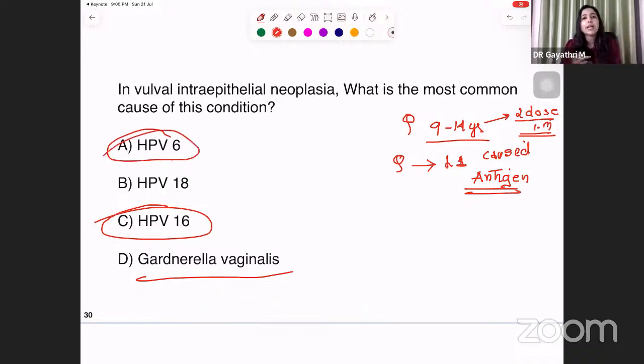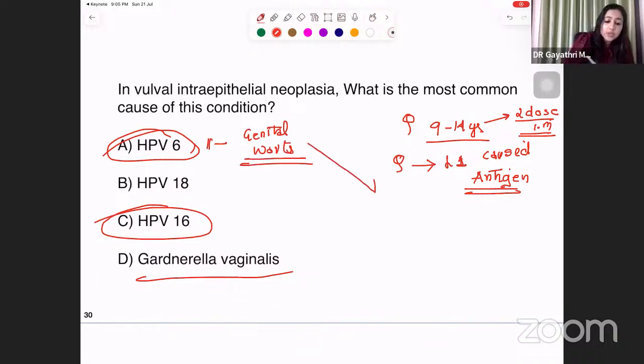HPV 6 and 11 are implicated with genital warts, which is also known as condyloma acuminata. Which vaccine will protect against genital warts as well? It is your Gardasil.